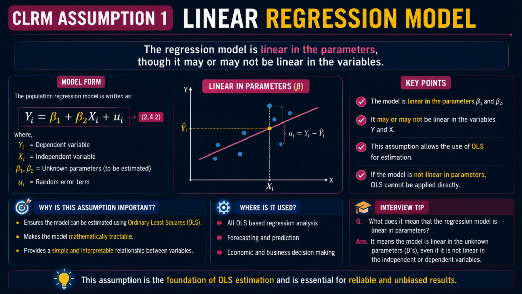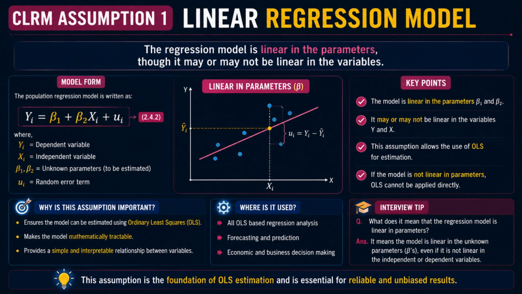With that, let's begin. The first assumption is that the regression model should be linear in parameters. Many students misunderstand this assumption. It does not mean the variables themselves have to be linear. Instead, it means that the unknown coefficients, or parameters, must appear linearly in the equation.